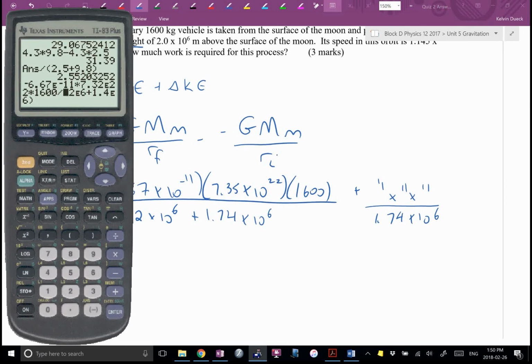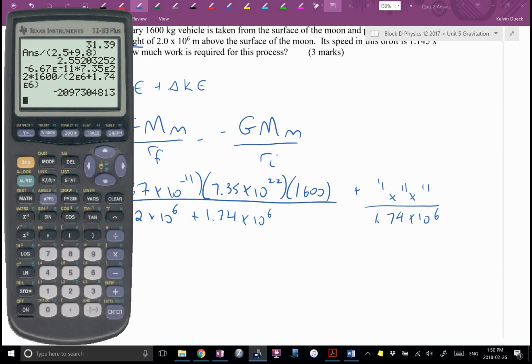I missed a 7. Any other typos? Negative 6.67, 7.35 times 10 to the 22, times 1,600. I think I caught all my typos. That was a lot of them.